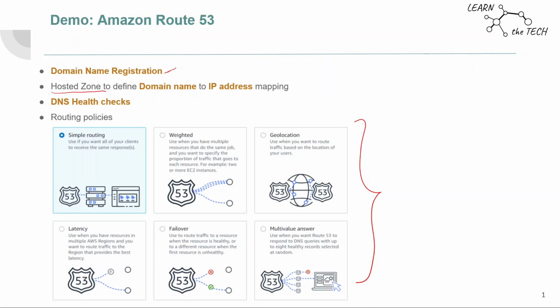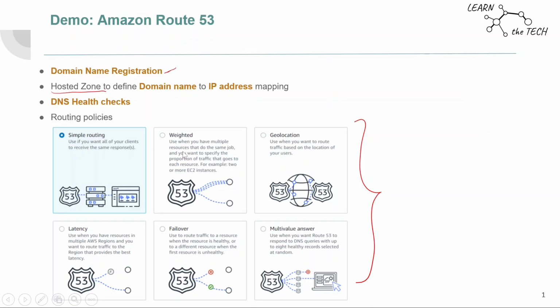If you have multiple servers, you can add any number of entries, and then automatically the different IP addresses will be responded with for different requests, right? So this is a simple routing policy when you just map a domain name to IP addresses.